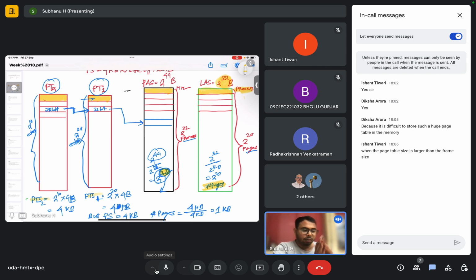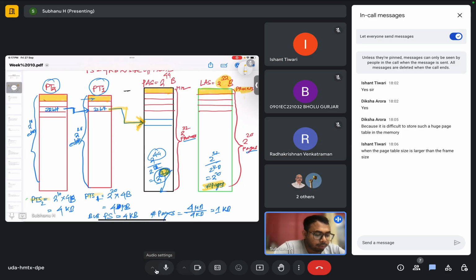We know that for representing each and every frame we need a 32-bit number. So this page table represents some pages, which is 32 bit. In page table 2 we store the address of page table 1. In page table 1 we store the address of the logical space. This is how we save it.